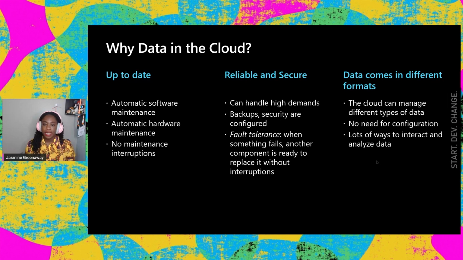Same case with a lot of our computers and any other devices that we use, and the same thing with the server. But the benefit of using a data center or specifically the cloud is that these things happen automatically. Any software maintenance, any hardware maintenance happens automatically with the intention of no interruption.